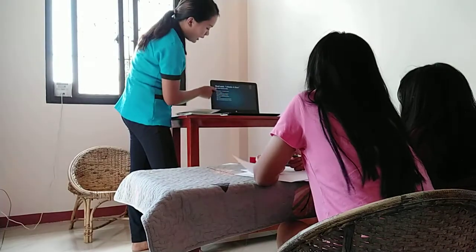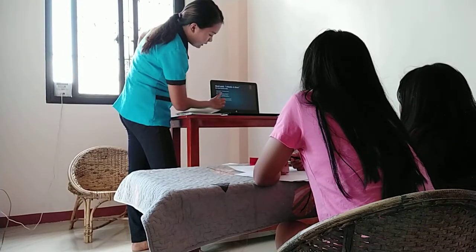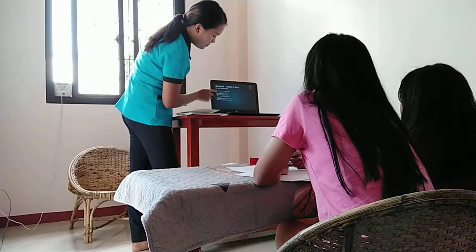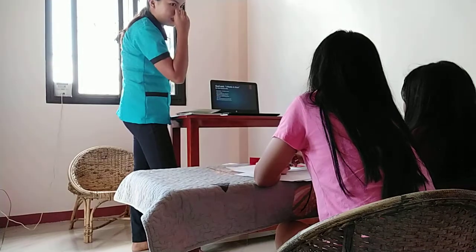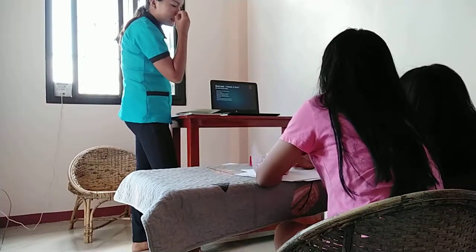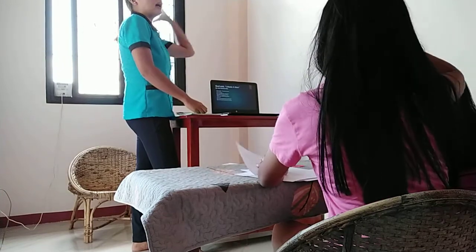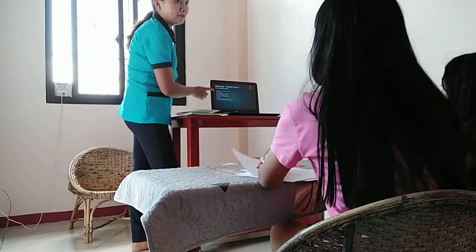So that would be A, tapos A din yun. And what about B? Play, and then day. So that pattern is A, B, A, B. Do you understand the rhyme scheme? Rhyme scheme is the patterns of the endings. Yung sound.